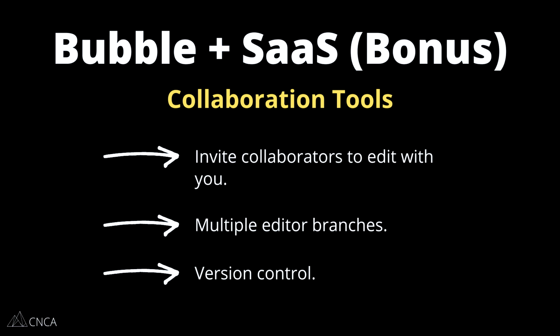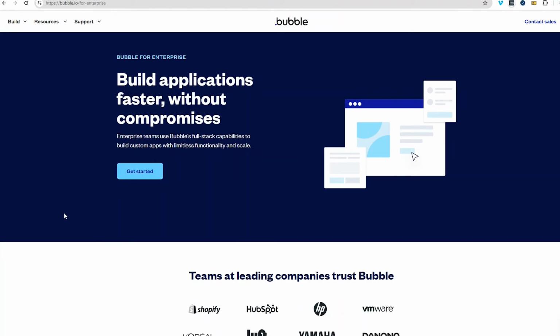Now, when it comes to SaaS applications, these are typically ones that will grow very quickly, because usually the users of a SaaS app are companies, organizations that can likely bring in a lot of users all at once, or a lot of data very quickly to work with on a regular basis. So I just want to call out that for the long term, Bubble does have an enterprise plan that you can take advantage of as well.